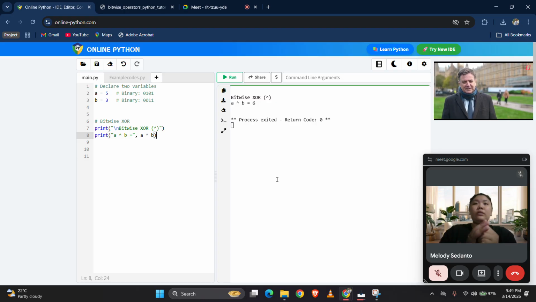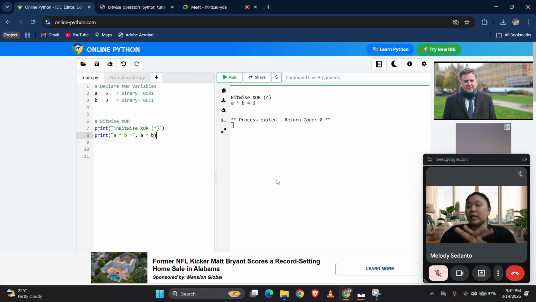Yes, the bitwise XOR of A and B equals 6. So why 6? The NOT operator, on the other hand, inverts or flips all the bits of a number. So that's why applying the NOT operator to 5 results in negative 6 in Python.